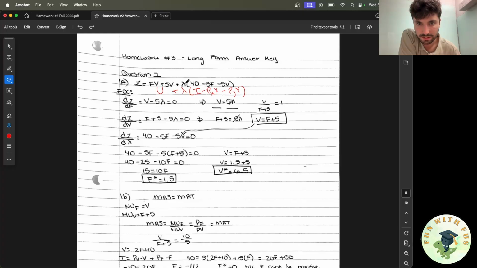So the lambda, it's going to distribute in. So you have minus 5f lambda, and then since we're deriving with f, the f drops off, and you'd get minus 5 lambda.